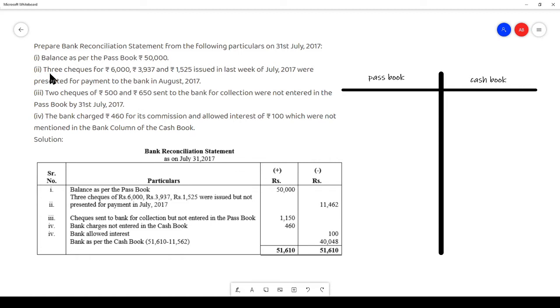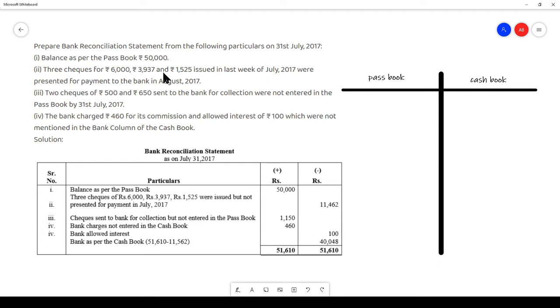Next, the transaction reads, that is point number 2, 3 checks for rupees 6,039, 37 and 1525 issued in the last week of July 2017 were presented for payment to the bank in August 2017. So that means my business has issued 3 checks.